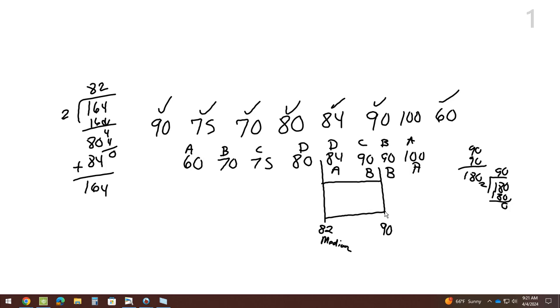How do I get the other box? Get the median of the lower part. A, B, B. Oh, we have what again? 2 in the middle. So what am I going to have to do with those? Add and divide by 2.